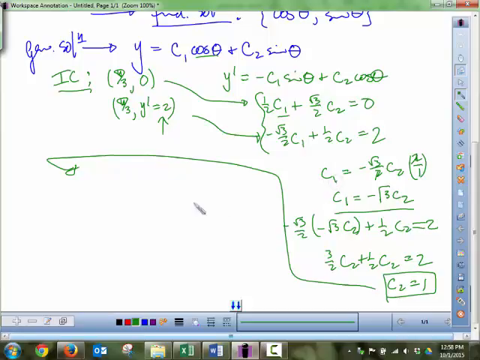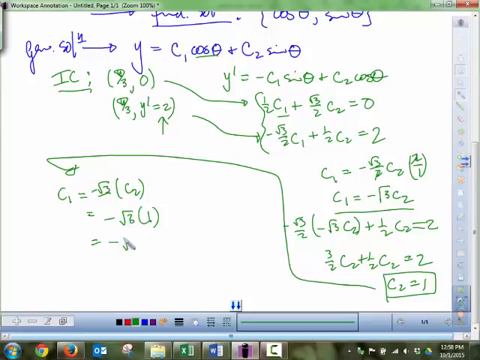And now C2 is equal to 1, so C1 is equal to root 3 over, the 2's canceled already. So negative root 3 times C2, negative root 3 times 1, negative root 3. Right?